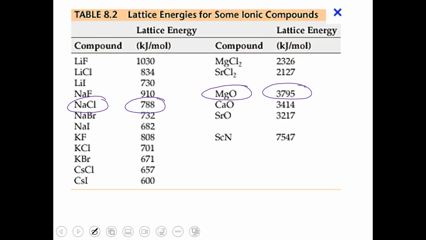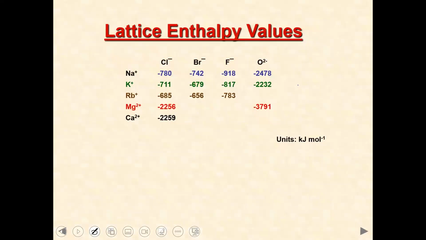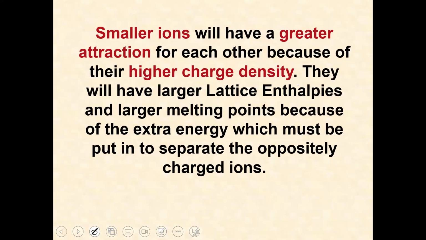Why is this so high? Because magnesium is 2+ and oxygen is 2-. These examples show again that size is a very important factor. A smaller ion will have a greater charge density and will be able to attract other ions more effectively.